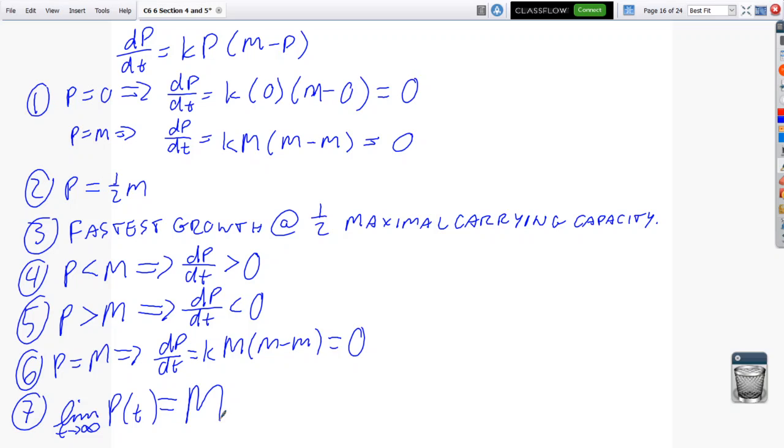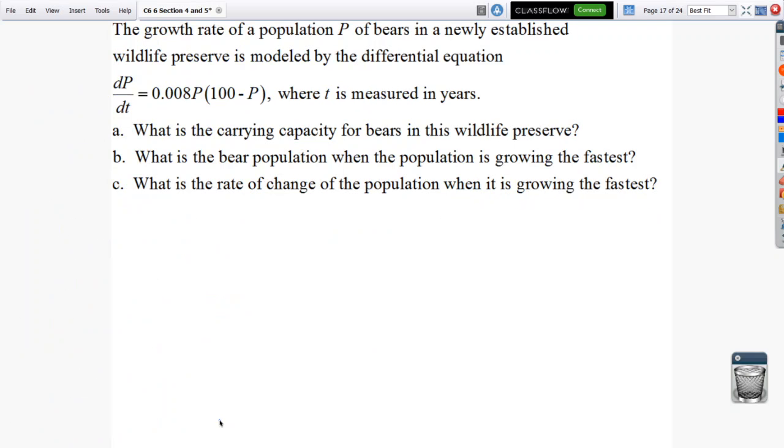What that says is whatever a population is, the graph is just going to level off at the maximal carrying capacity. And I'll show you what a logistic growth model looks like, the general solution. But before we get there, I do want to answer this question.